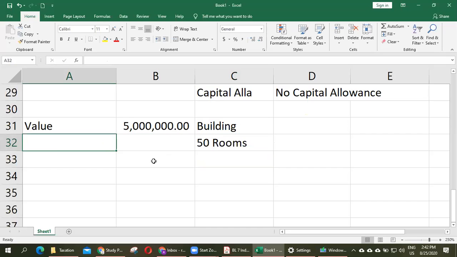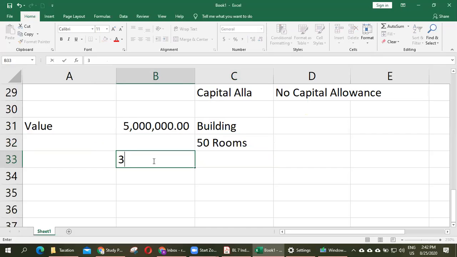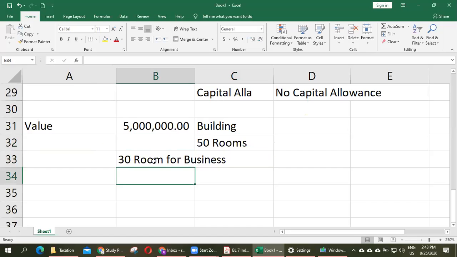Out of 50 rooms, they are using 30 rooms for business, and 20 rooms are rented out to a third party. Now, what's the portion of the building they have used for business purposes?